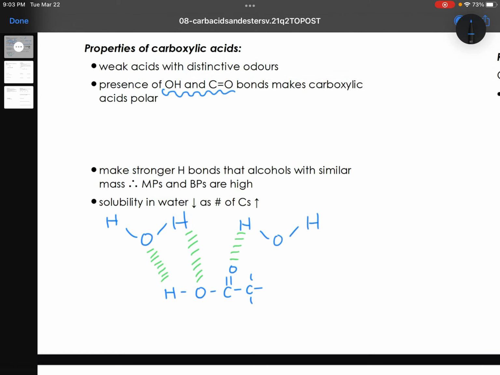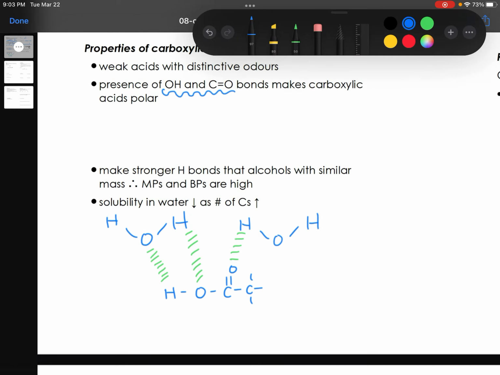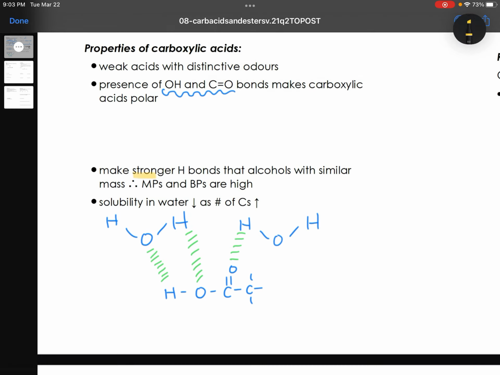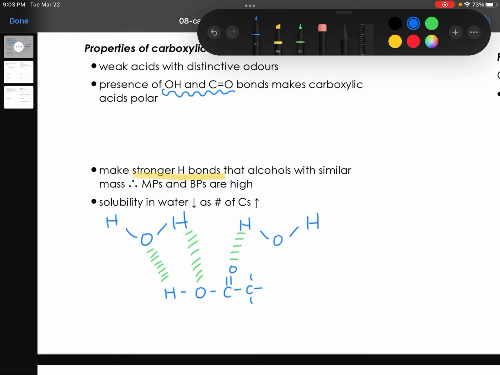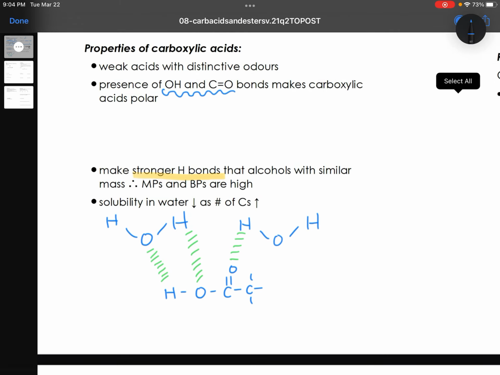So when you have a carboxylic acid, it makes very strong hydrogen bonds. Now, is it necessary for you to compare an alcohol and a carboxylic acid? I think that's a bit beyond what we need to do, but definitely they can certainly form hydrogen bonds with themselves. So let's draw that picture.